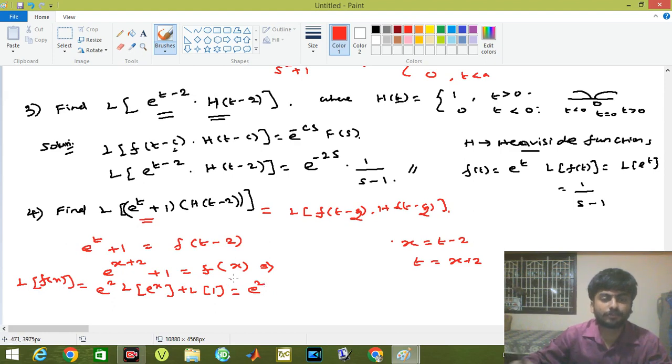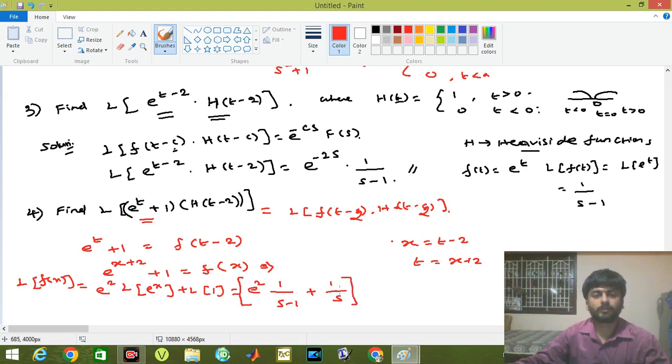For e power a x, we will have 1 by s minus a, which is 1 by s minus 1, plus L of 1 is 1 by s. So e square into 1 by s minus 1, plus 1 by s.